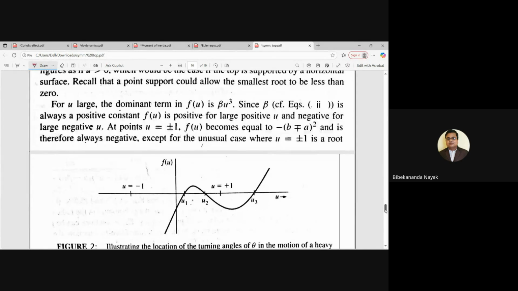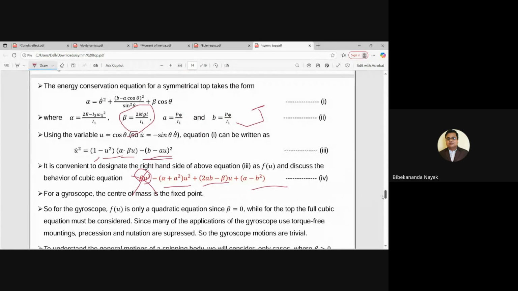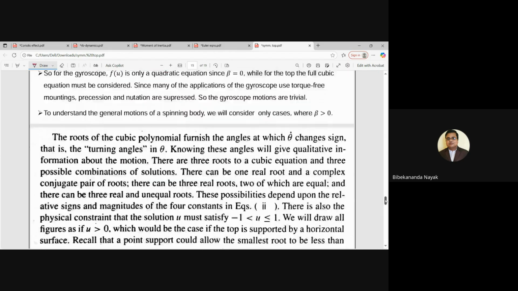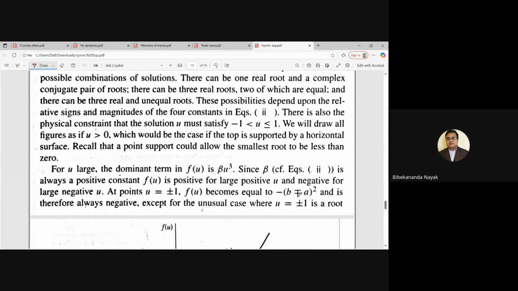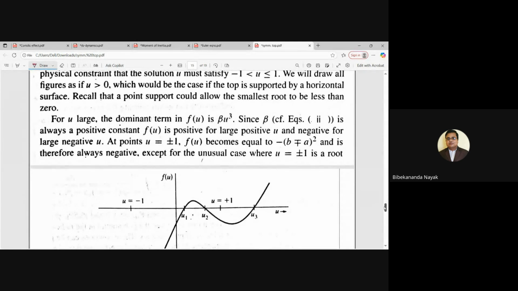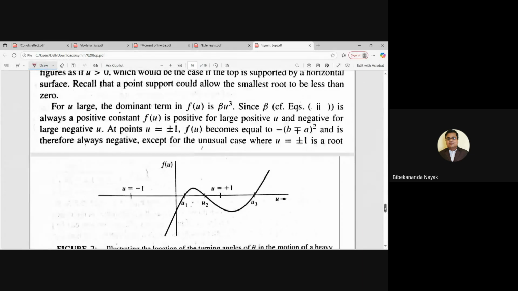If u is +1, beta u cube is positive; if -1, negative. Putting u equal to plus or minus 1, you get minus (b minus a) whole square or minus (b plus a) whole square, the two roots for u equal to plus or minus 1. Here the plot is given.